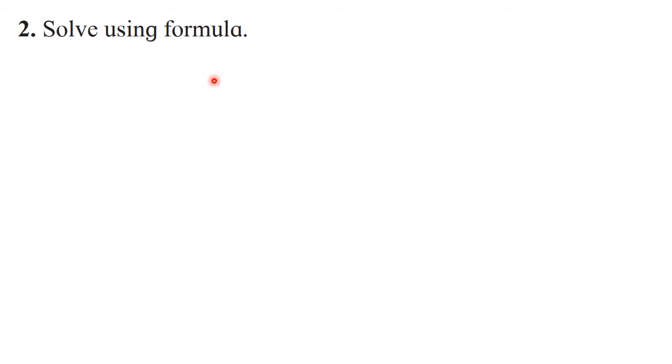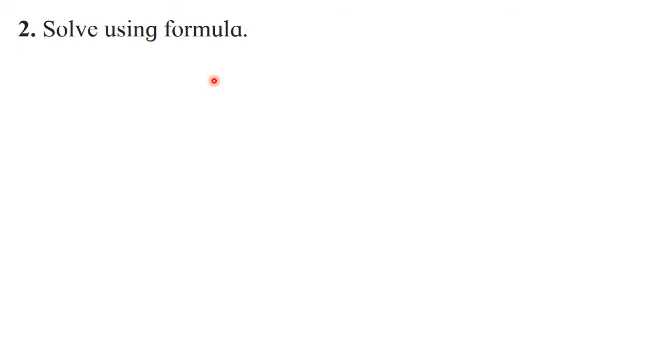So if you are getting a negative answer there, please recheck, you might have made some mistake. After getting the value of b square minus 4ac, write down the formula: x is equal to minus b plus or minus under root b square minus 4ac upon 2a. Then put the values and get the answer.